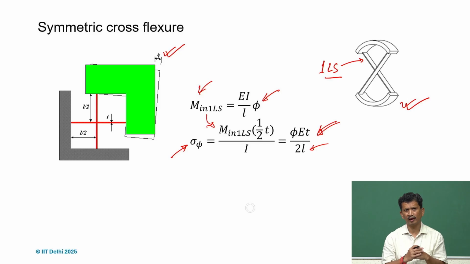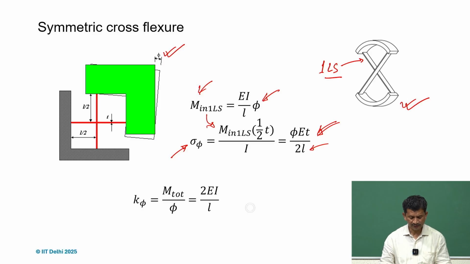So if you want good compliance and a large range of motion, it's better to have smaller thickness and large length. And that is the reason, if we fix at the center, the effective length will reduce to L by 2, and then the phi will be very small.